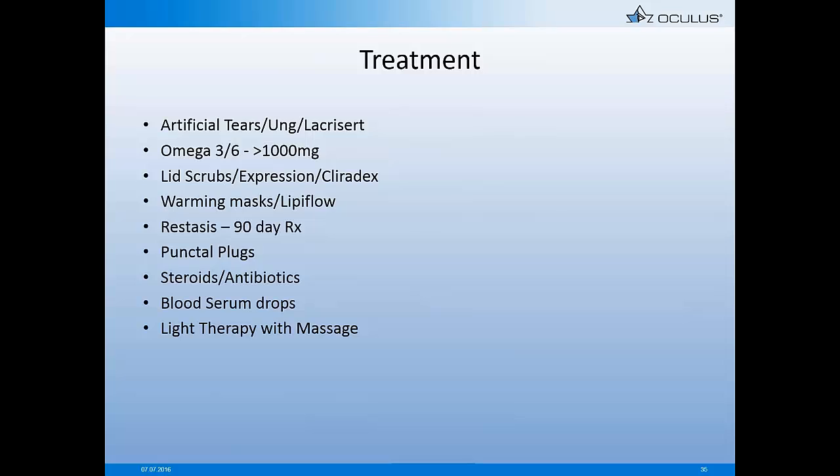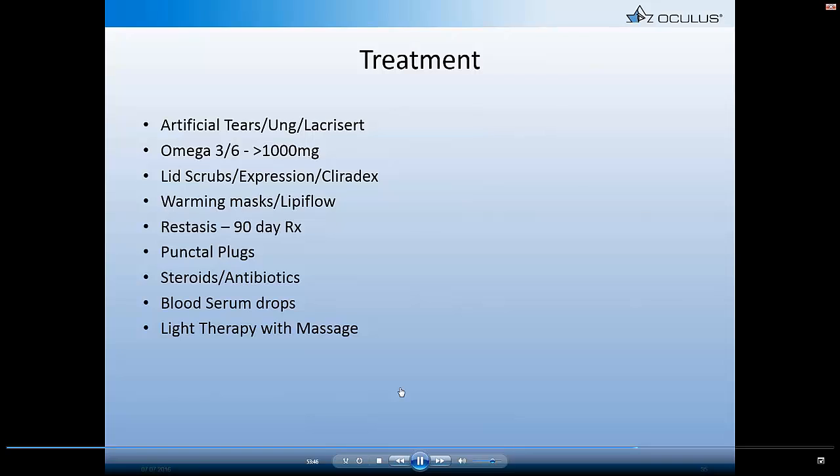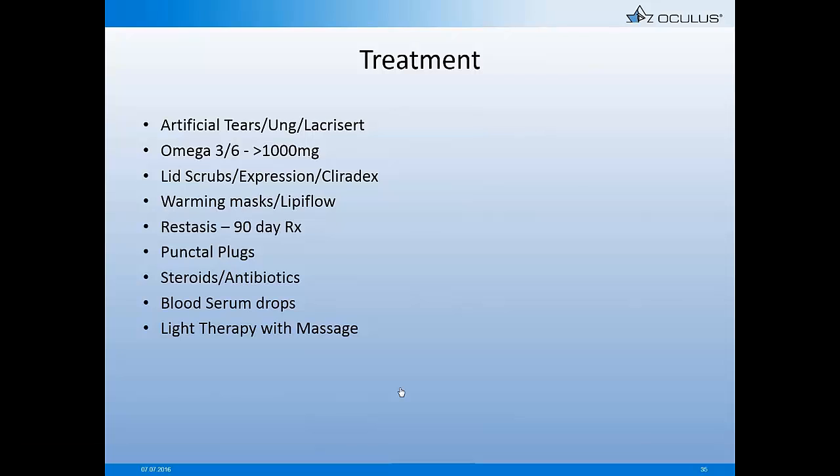If they have meibomian gland dysfunction, if I push on their lids and I'm getting white or opaque-looking sebum coming out of their glands, not clear, I'm probably going to give them a Bruder mask.